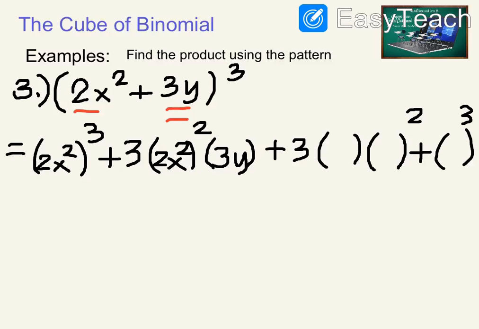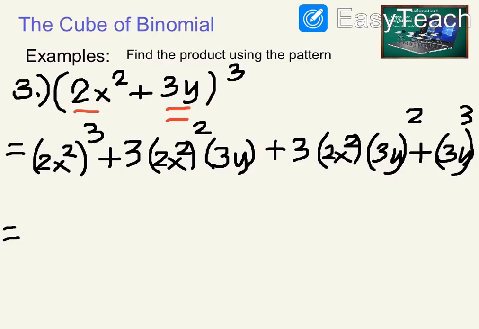Here you have 2x squared. Here you have 3y. And of course, for the last term, you have 3y. Okay, so the next thing you have to do is to simplify.